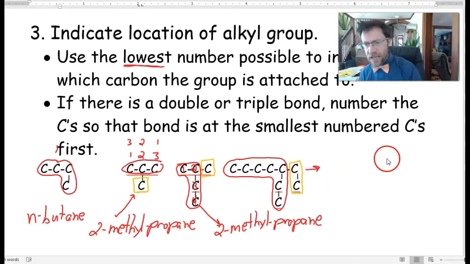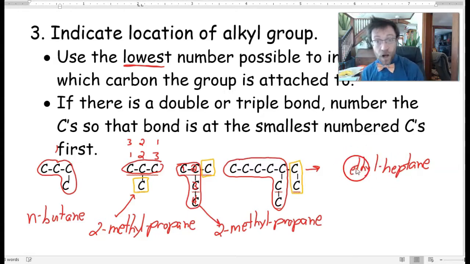So let's do our final one. We call this heptane. Ethyl. That's the who. This is the what. And now for the where. I'm going to start numbering from the left, because that's what I usually do. 1, 2, 3, 4, 5, 6, 7.